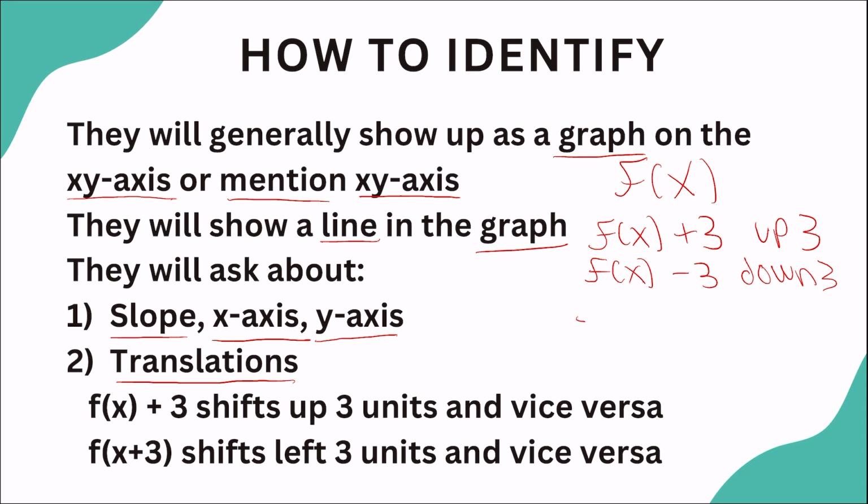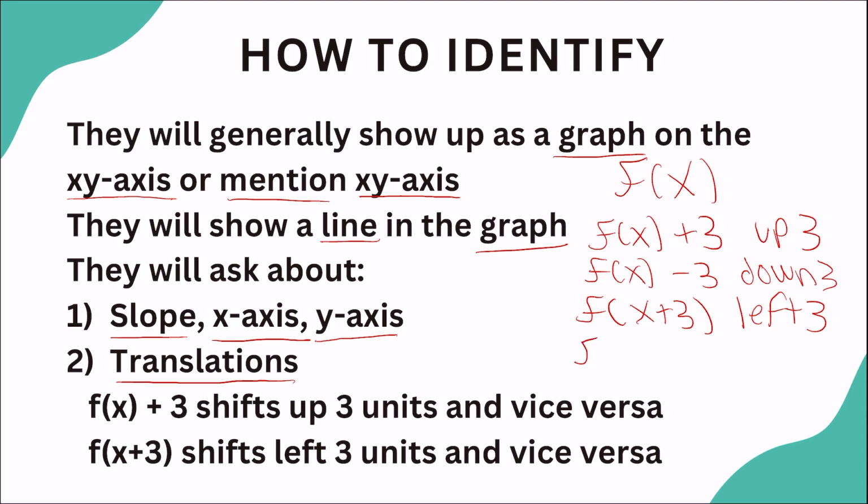Now, we also have f of x plus 3 inside of the parentheses here. And if it's inside, then we're shifting left to right, and plus is going to shift us left. Left 3, and so this will actually change our x-axis to be left 3 of where it was.